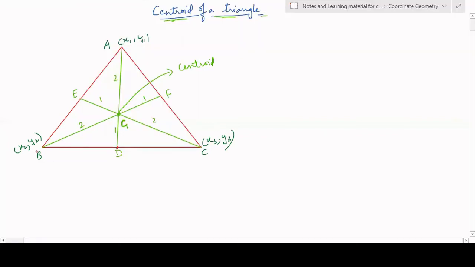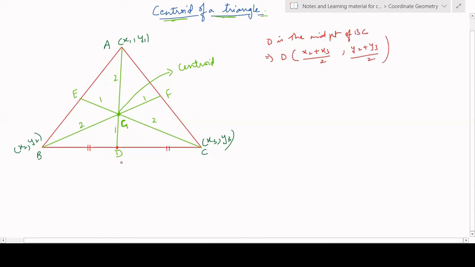Since median divides the side into 2 equal parts, I know BD is equal to DC. So D is the midpoint of BC. This implies the coordinates of D would be x2 plus x3 over 2, and the ordinate for D would become y2 plus y3 over 2.